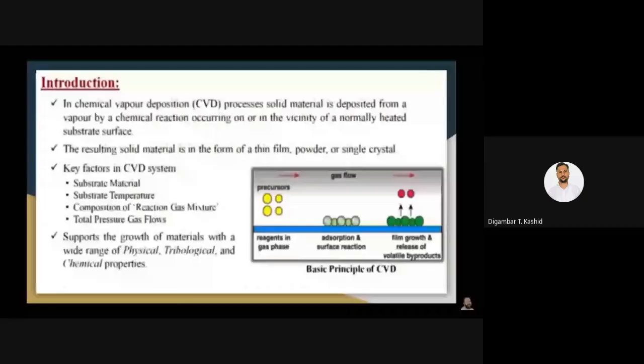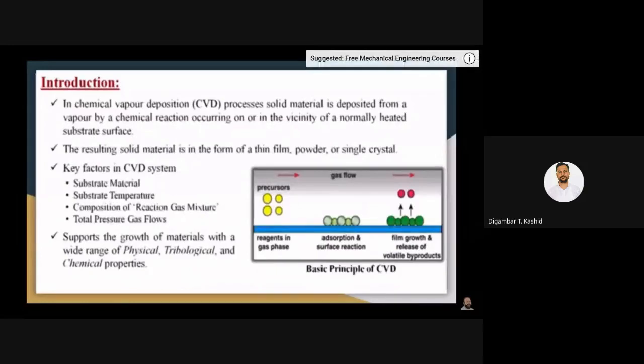Material is deposited from a vapor by a chemical reaction occurring on or in the vicinity of a normally heated substrate. In physical vapor deposition, we create certain kinds of molecules, atoms or plasma, and then deposit those onto the substrate.